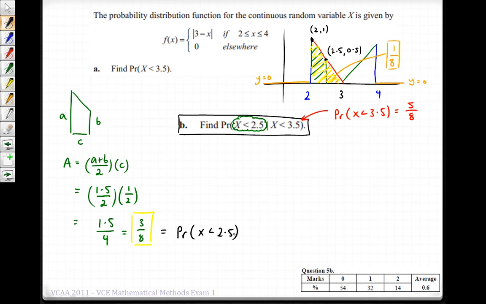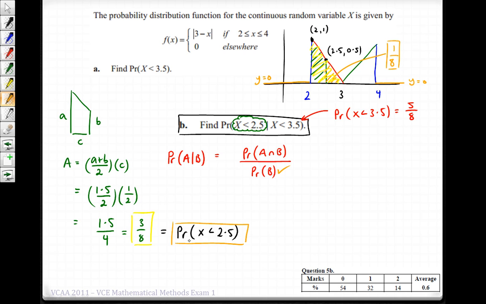So our conditional probability rule says if we want the PR of A given B, we want PR of A intersecting B divided by the probability of B. Now the probability of B we have, and we've now got the probability of x is less than 2.5, which is sort of the A value.